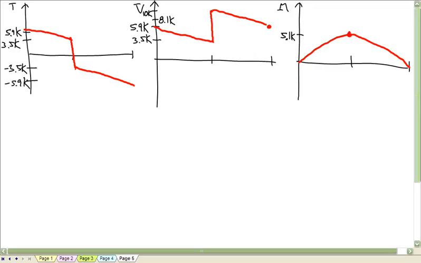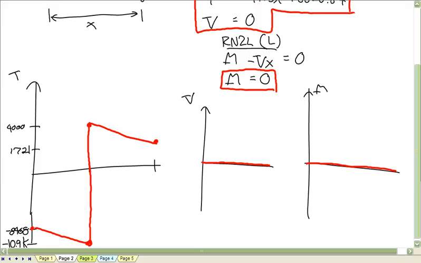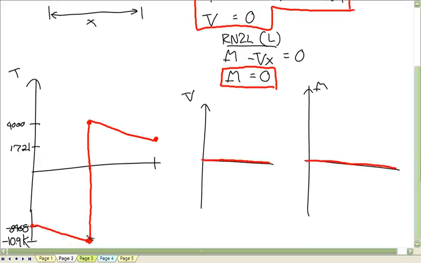So the candidates are this 10,000 Newton shear force, this 5,900 Newton tension, or 5,900 Newton compression down here, and this. And from the other ones, what did we get? A tension of, or a compression actually, of 10.9 newtons.